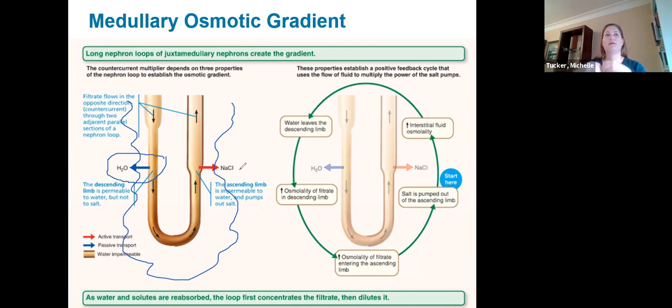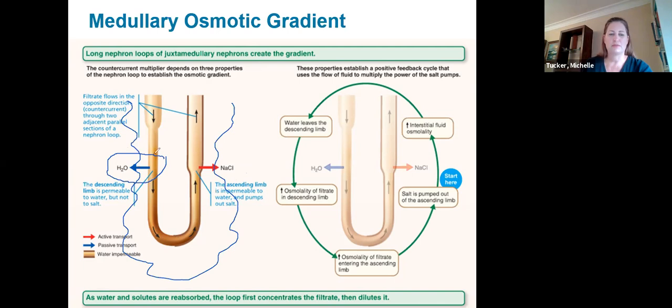So going into the loop of Henle, we've already removed about 70%. In order for us to survive, like live more than an hour or a couple hours, we need to remove 99 to 99.5% of both salt and water in order to maintain plasma volume. So 70% is just not going to cut it. So we need to reabsorb more.